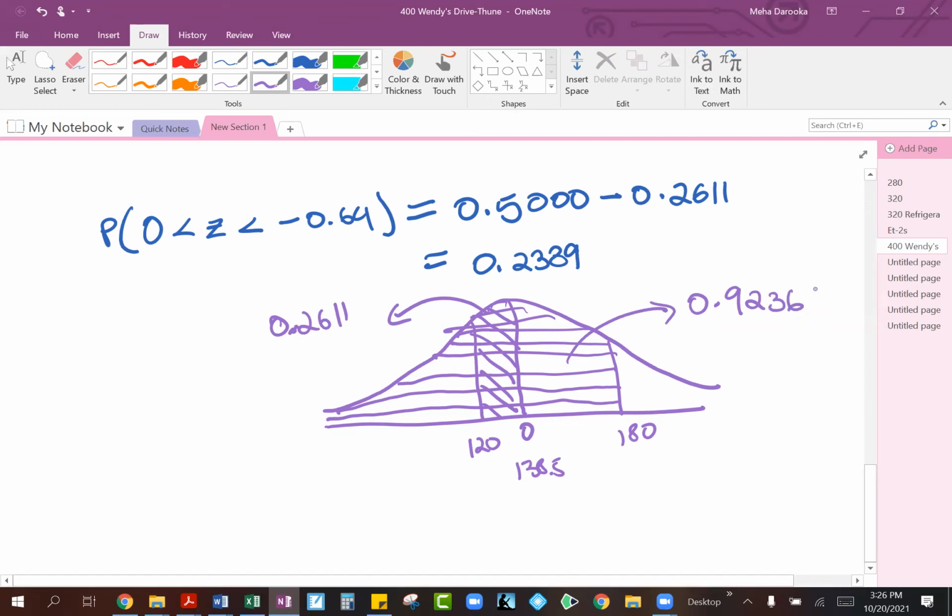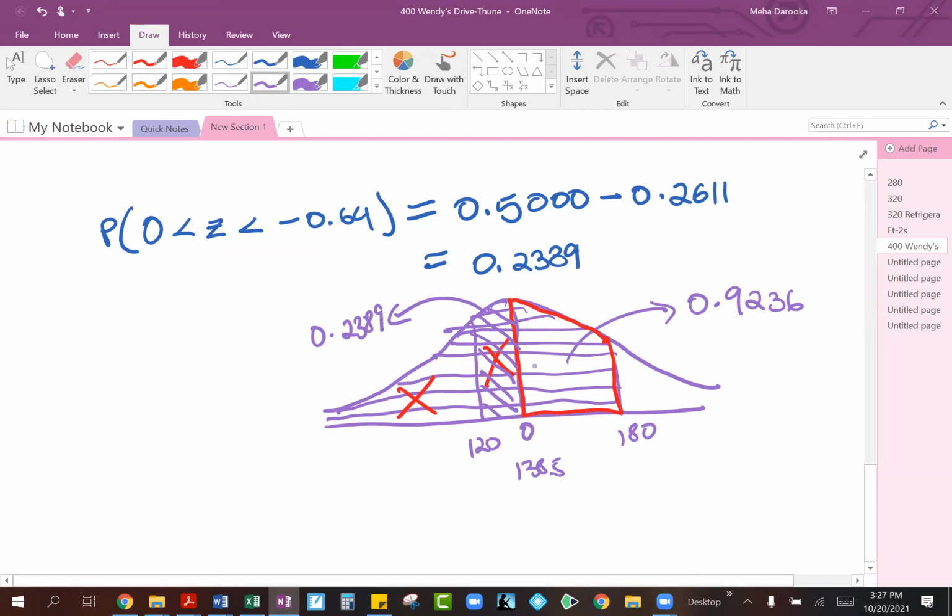As you can see, we are not going to be using this section over here, so we need to remove this guy. We also need to remove this guy so that we can calculate the area for just this little section from the mean. This area here was 0.2389.